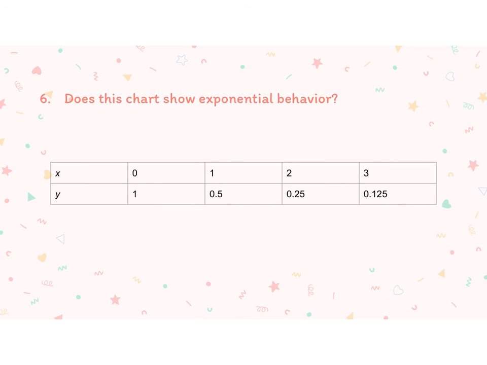Now let's take a look at one more chart. So again, I'm going to check my x's. That has to be my first thing. So do I increase the same x each time? Yes, I do. 0 to 1, 1 to 2, 2 to 3. Okay, great. Now I need to do the reverse on the y's. I need to divide. So 0.125 divided by 0.25 and I get 0.5 there.